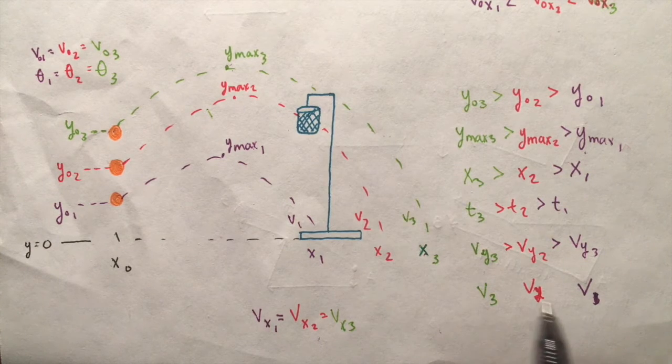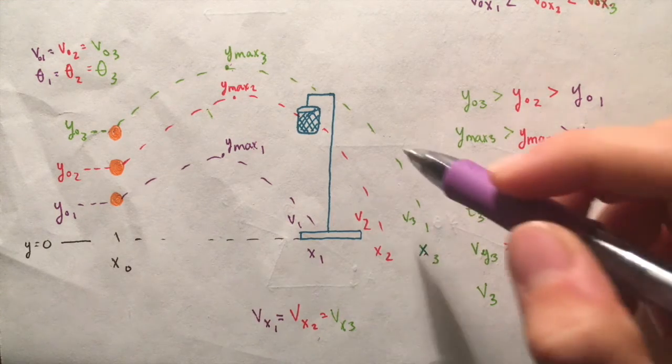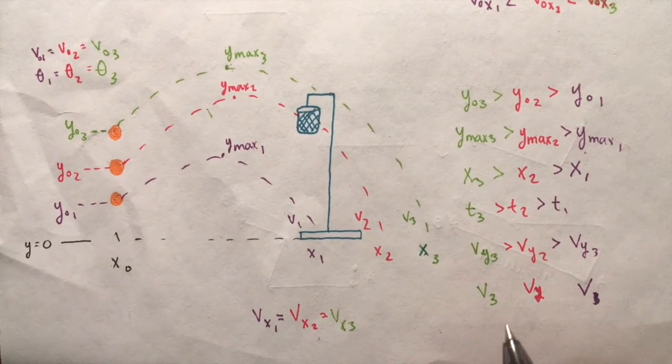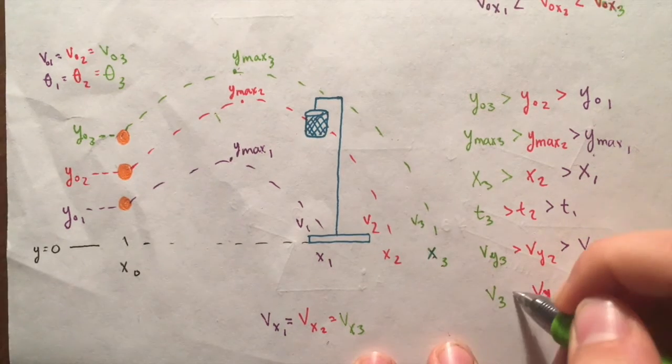So if we're comparing the final velocities at the end, well, we know they all have the same x component of the speed, but we can't just look at one component. We got to look at both the x and y components if we're talking about the total speed, because the total speed is at an angle, so it has both an x and y component. So the one that has the greatest vertical speed is going to have the greatest total speed.